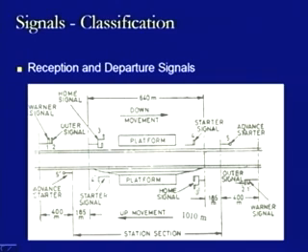Here again, in the case of the home signal, this is being provided on two different arms, because we have a number of lines on which the trains can be taken up.